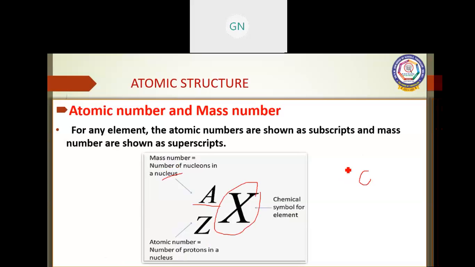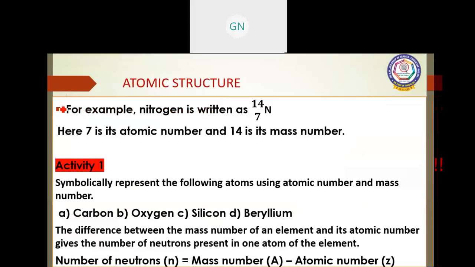So, for example, if I write carbon, C is the symbol, atomic number Z is 6 and mass number A is 12.